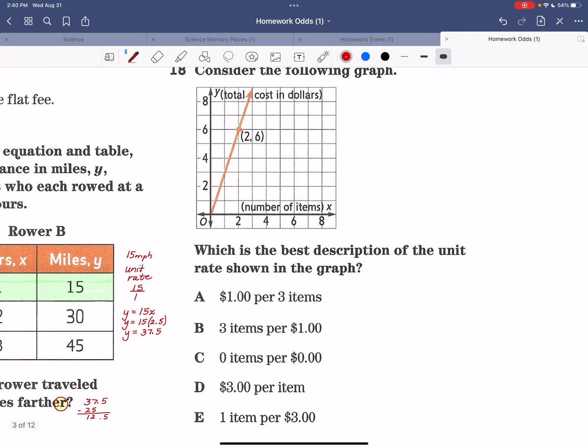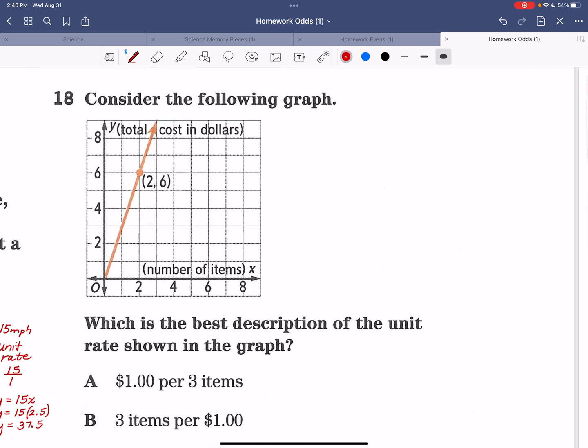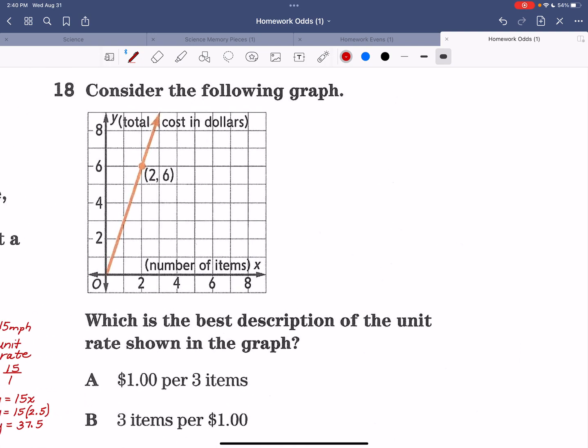Okay, number 18. Consider the following graph. Okay, the question that I'm always going to ask myself is, let me back up. If I see this, 0, 0, that's proportionality.